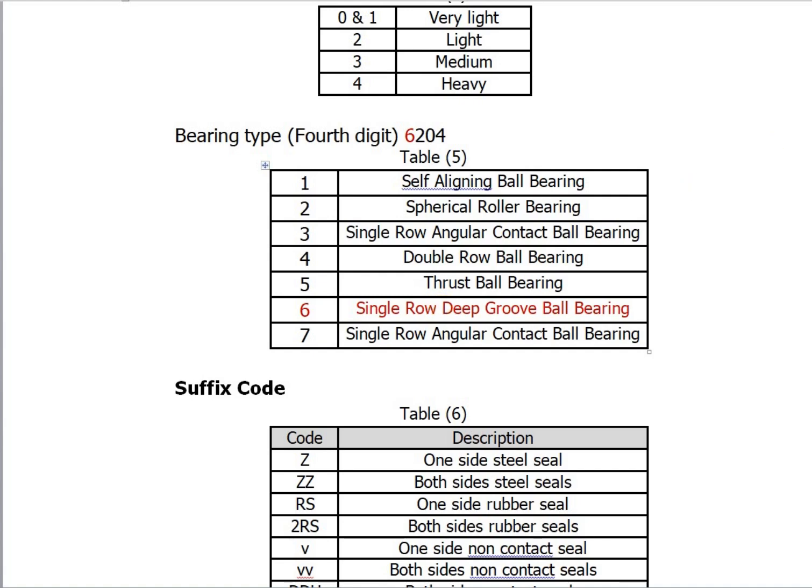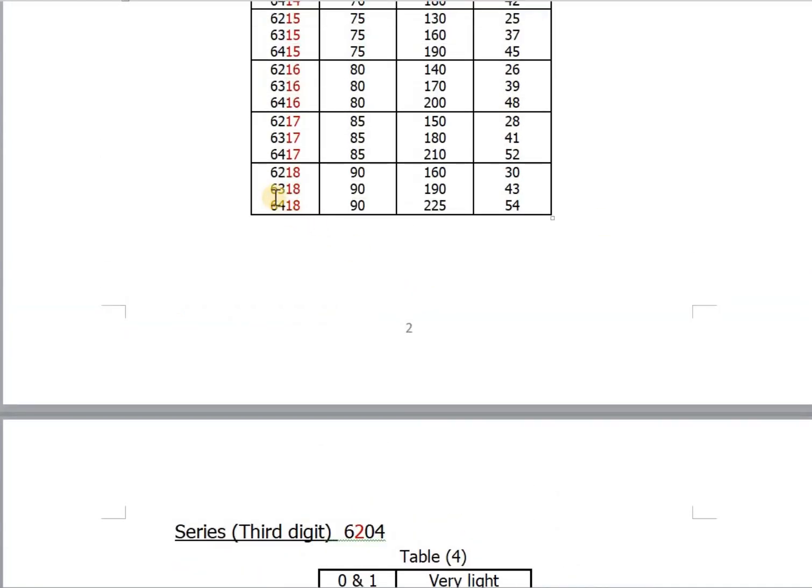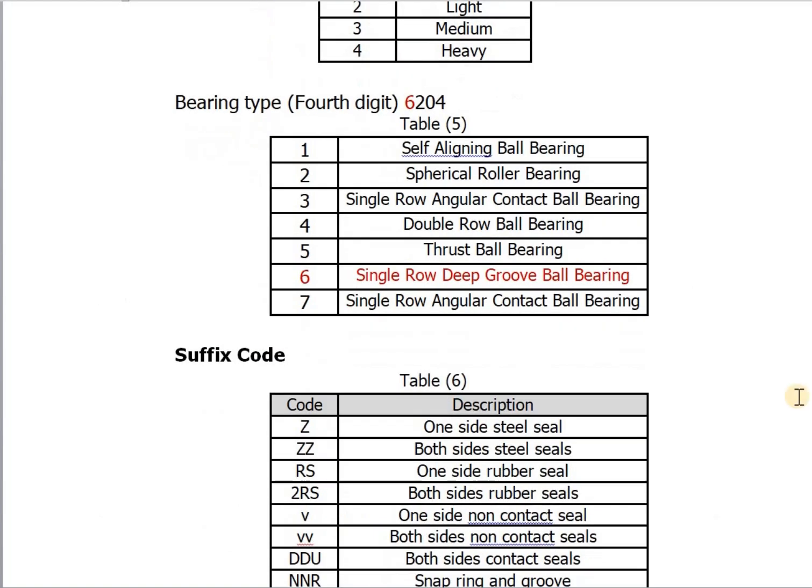Extreme left number. If we find 1, that means self-aligning ball bearing.